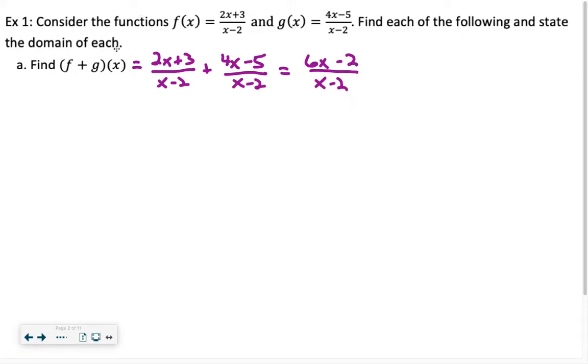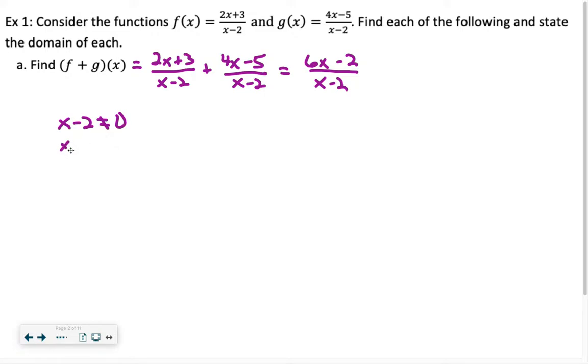Now we do also want to state the domain. So the denominator is the same all the way across, so the only value we would be excluding, right, because we can't have 0 in the denominator. So remember, whenever we had a fraction or a rational expression, we said whatever the whole denominator is can't equal 0.